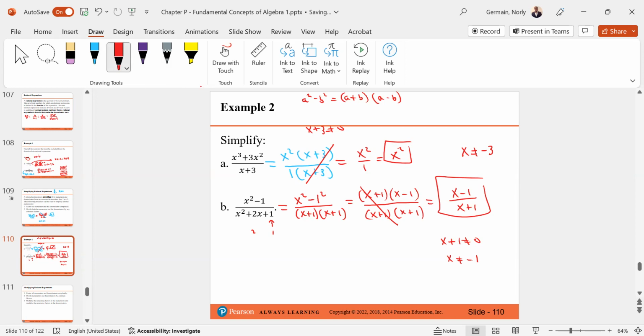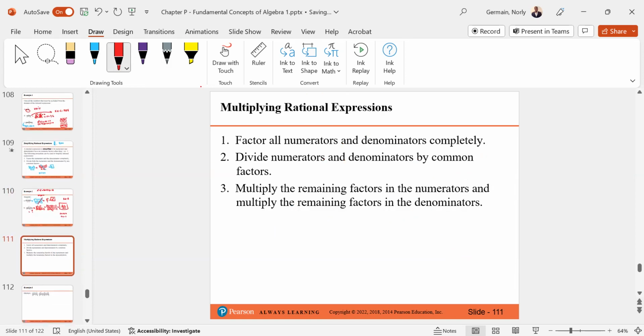Very important: multiplying rational expressions. There are so many things you can do with rational expressions. You can evaluate them, and you can find the values that would make them undefined, meaning the denominator equals 0. You can simplify them, but we can also perform multiplication on rational expressions.